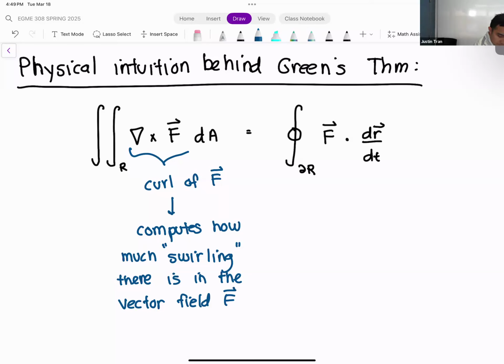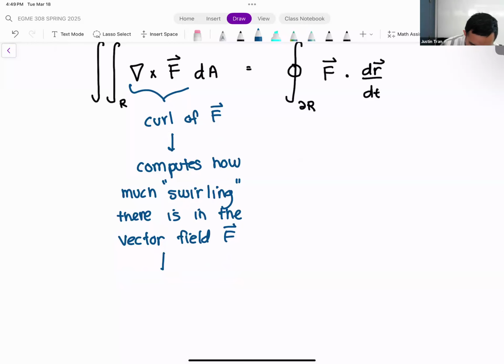But the curl is very interesting in terms of how it's defined, because when you take the curl of a vector field, you get another vector field in response, right? It's very much a local computation, where it tells you locally how much swirling there is at a specific XY location.